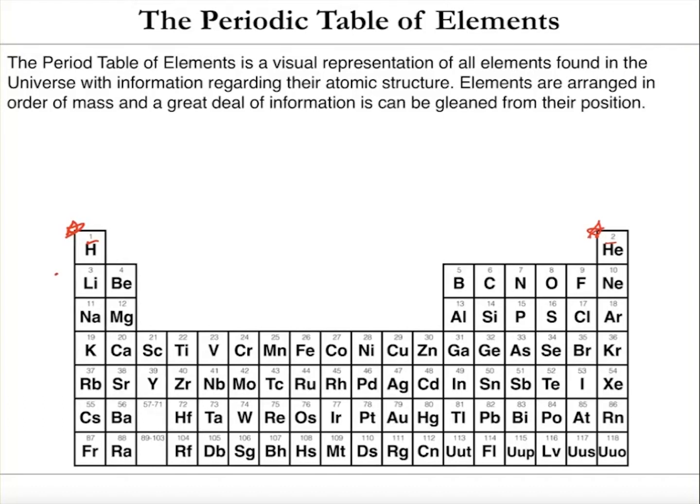And there is a rationale for them being arranged like this, which we'll get to in a bit. So we have lithium is element 3, beryllium is 4, boron is 5, carbon, nitrogen 7, oxygen 8, fluoride 9, neon 10, sodium 11, and so on and so forth for all of the elements known in the universe.